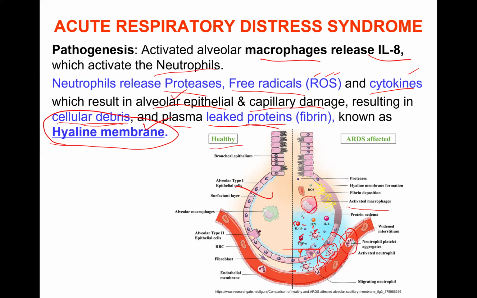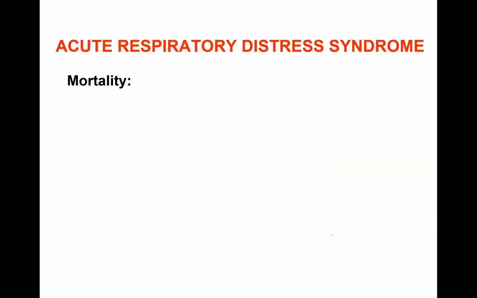These proteases and free radicals have also started damaging the epithelial cells of the alveoli. So both get damaged, right? Ultimately leading to formation of the hyaline membrane, right? So it is quite simple. We understood nicely. Let's go ahead further.